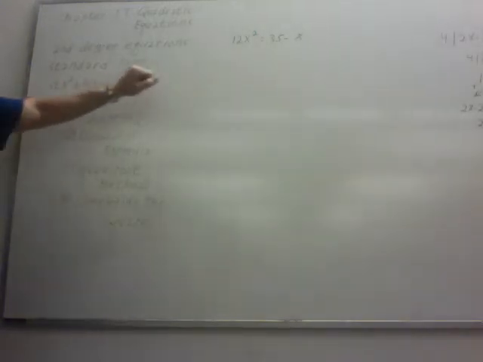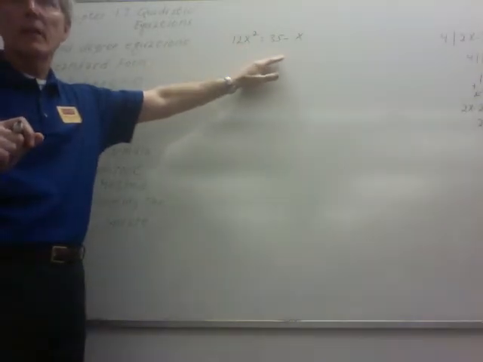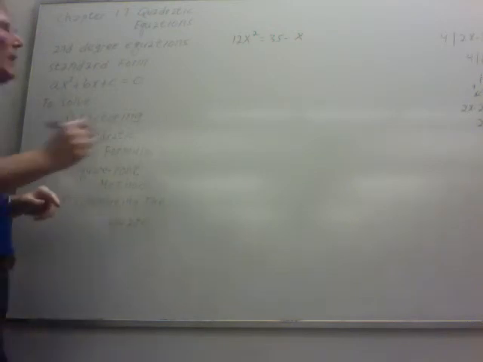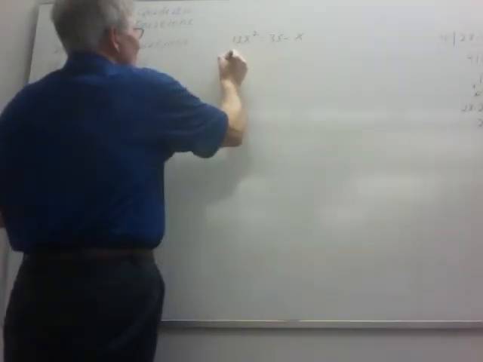When you're going to solve a quadratic equation by factoring, step number one, make sure it is in standard form, which is ax squared plus bx plus c is equal to 0. This is not in standard form. To put it in standard form, I'm going to leave my 12x squared right where it is.